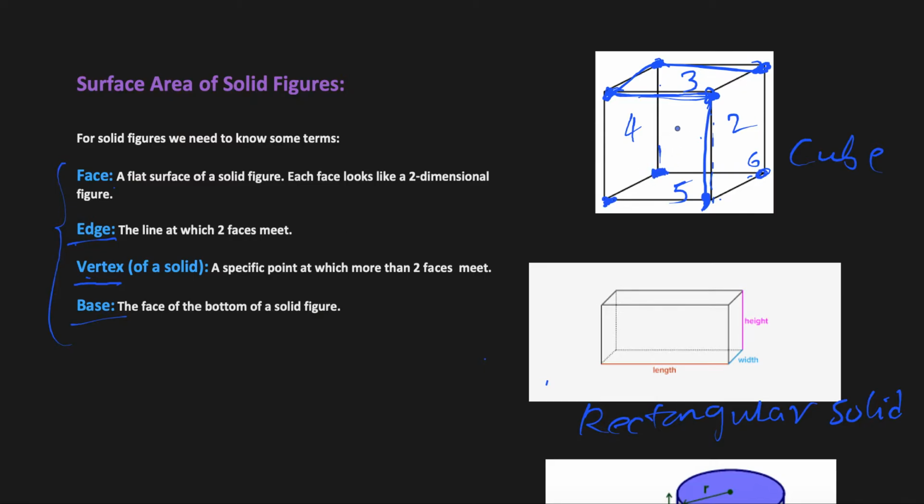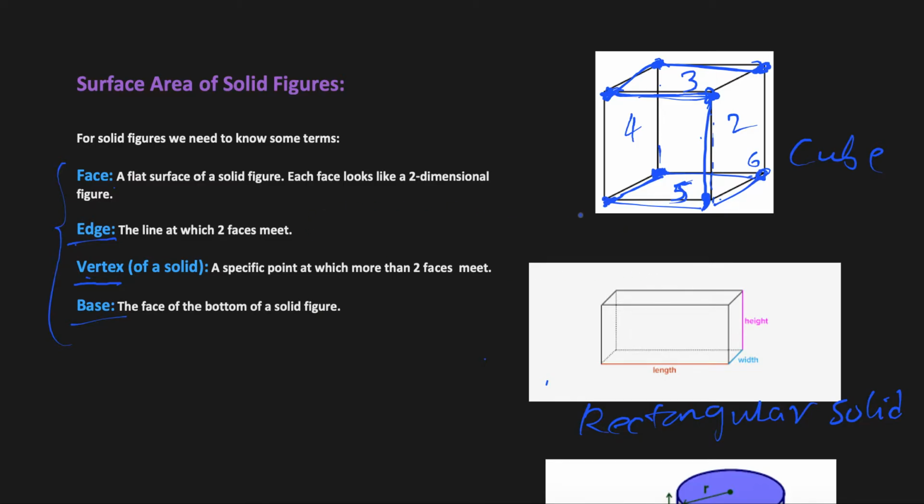So three faces meet, more than two faces, and all these points are our vertices. And base is nothing but the bottom where the solid figure rests. In this case, this would be face number 5.